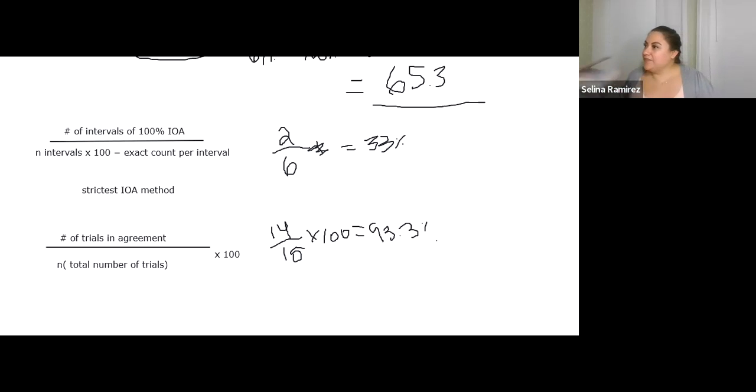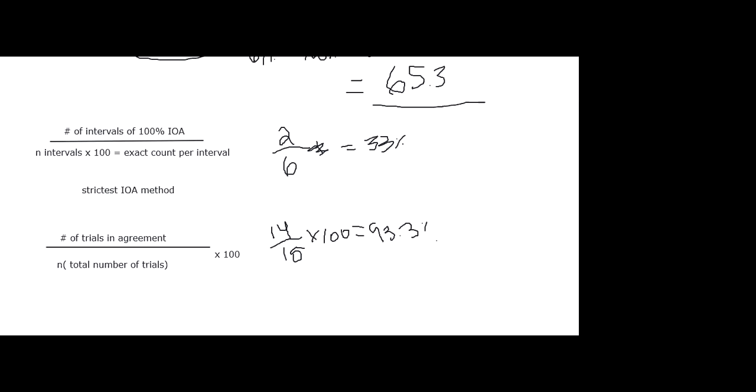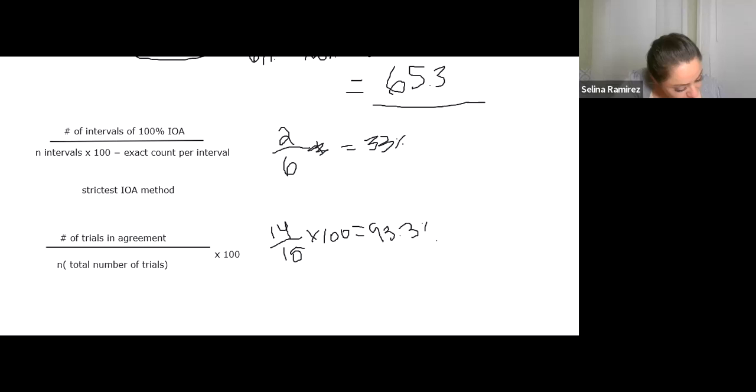It's the same thing as exact count, except the trial by trial is using the number of trials. So for 6 trials, they observed no smile. And then for 5 trials, they both observed smile. So those were both intervals that were in agreement. So there was 9 total trials scored in agreement.